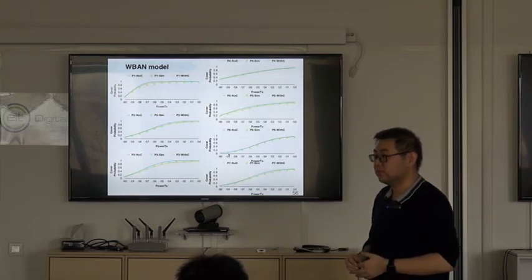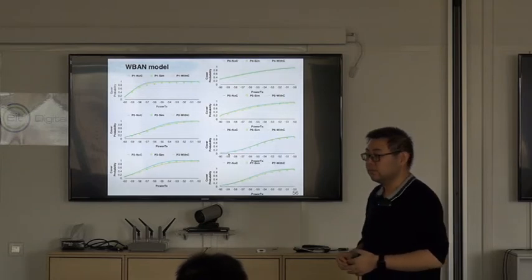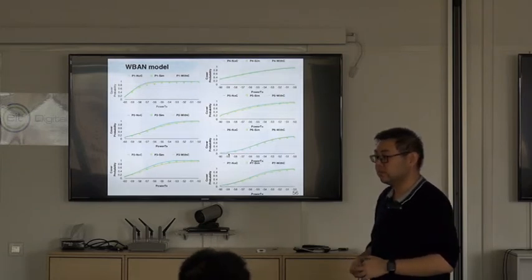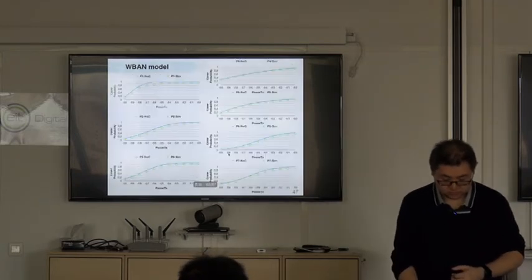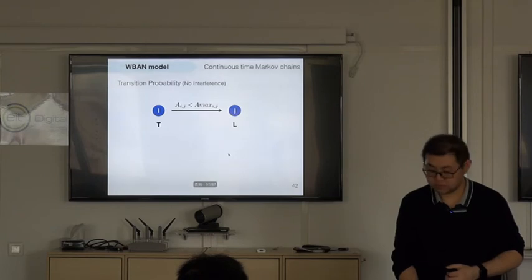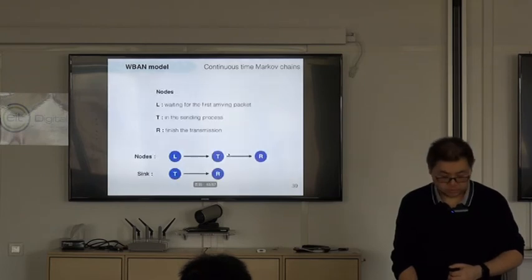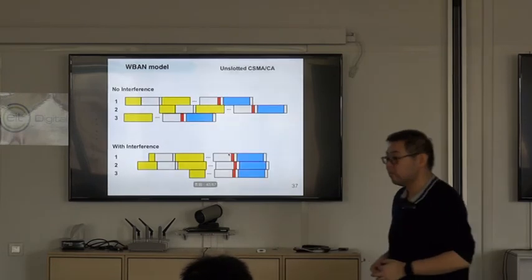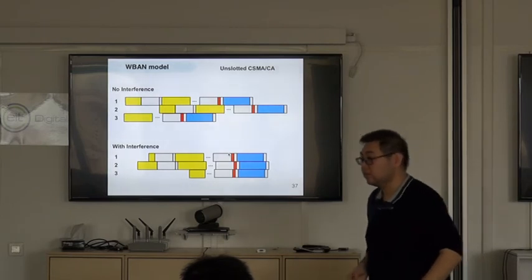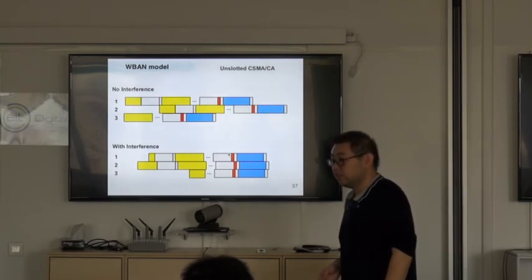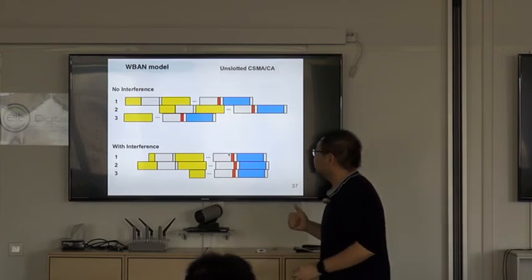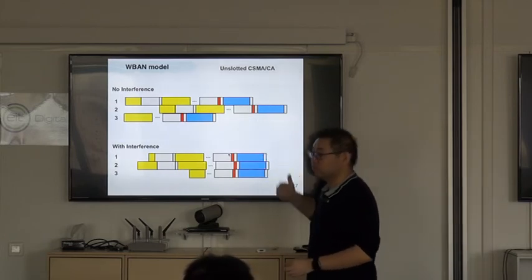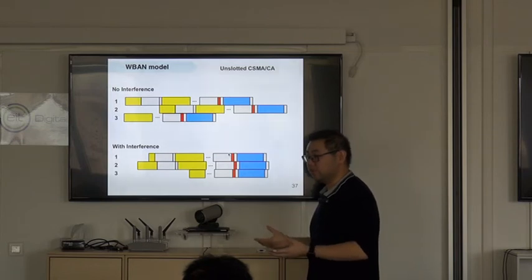One more question. You showed that you take CSMA/CA, unflooding CSMA/CA, for the broadcast case. How about the other case, the convergecast case? Yes. This is in the context that we want to model all the behaviors of the WBAN.